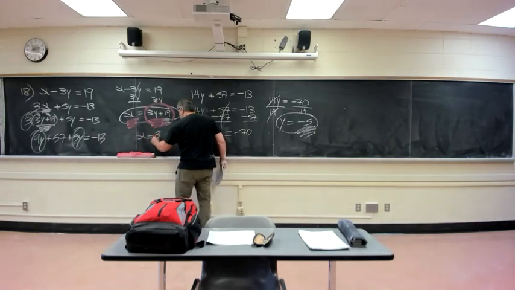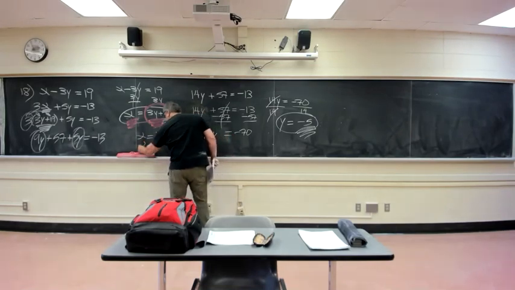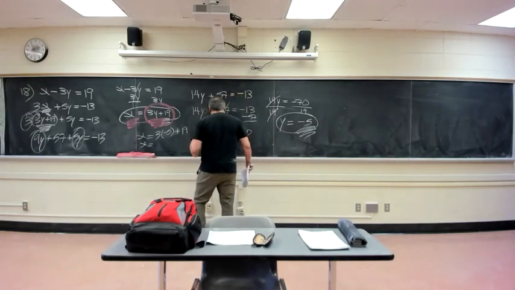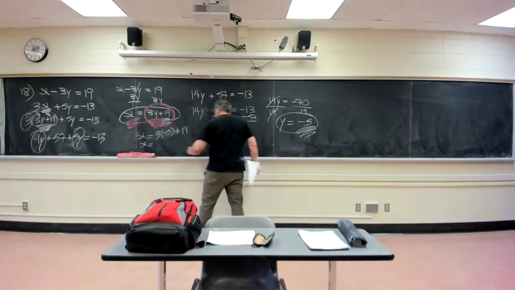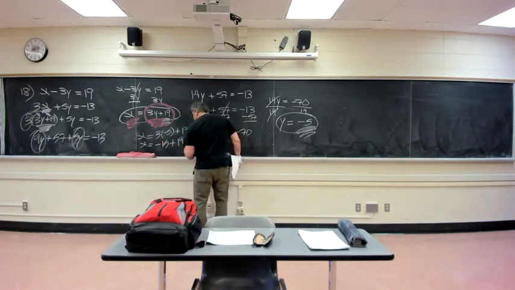It's going to be 3 times negative 5 plus 19. 3 times negative 5 is negative 15.